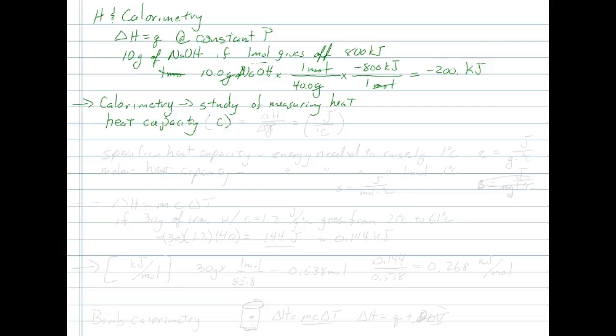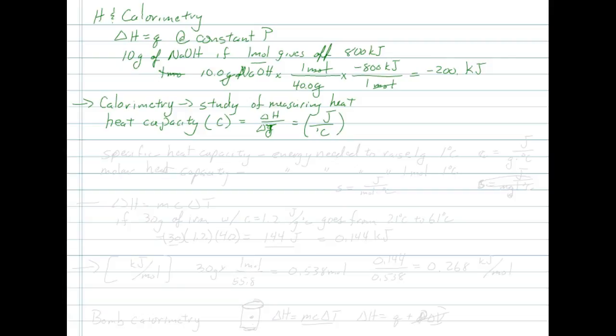is C, which is the change in heat per change in temperature. So how much heat is absorbed or whatever per change in temperature. This is given to you as joules or kilojoules per degree Celsius, which is the label on heat capacity.